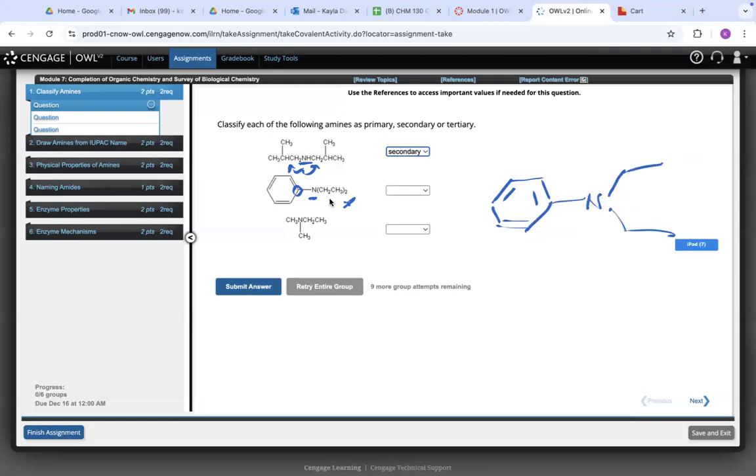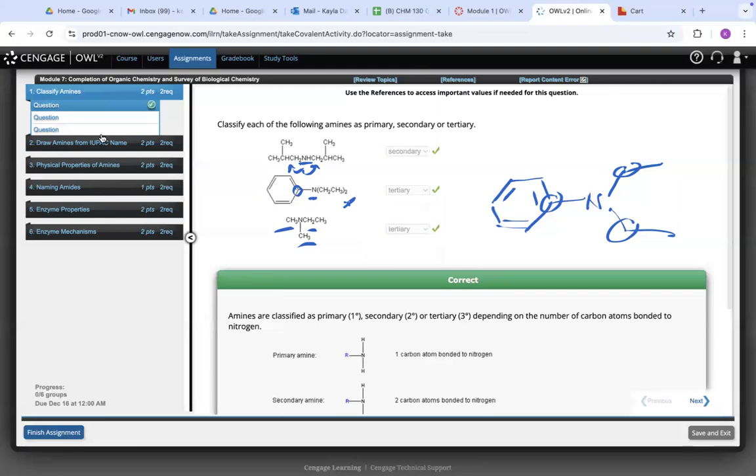So there's really 3 carbons, making it a tertiary. There's also 3 carbons here, 1, 2, 3. So this is also a tertiary. I'm not going to do the second example of that one.